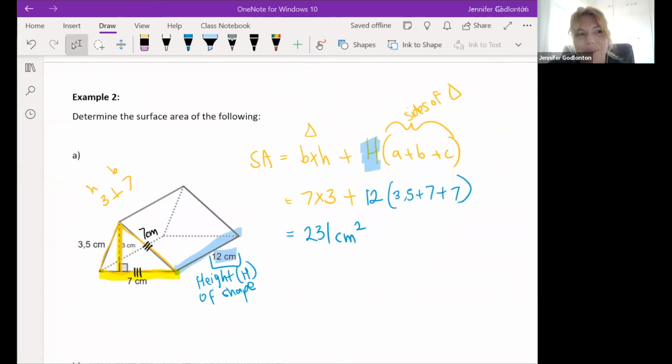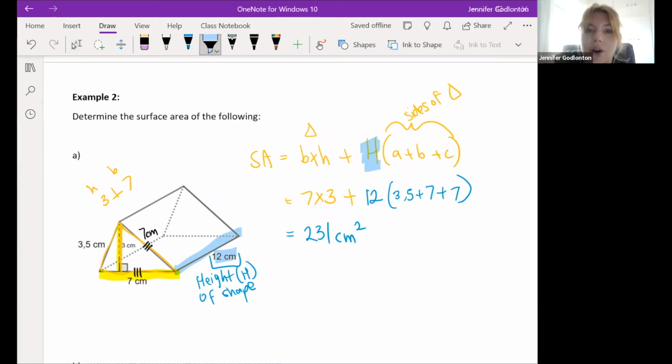Tato, how can I help? Afternoon, ma'am. Can you please explain why I didn't say a half times base times height at the beginning? Okay, so the reason I didn't say a half times base times height is because there are two triangles.